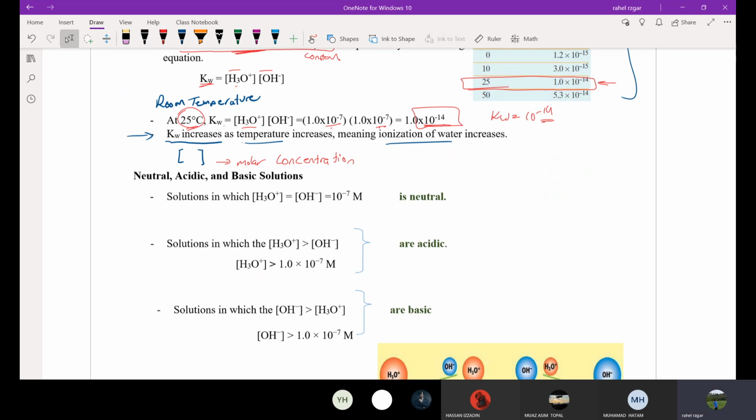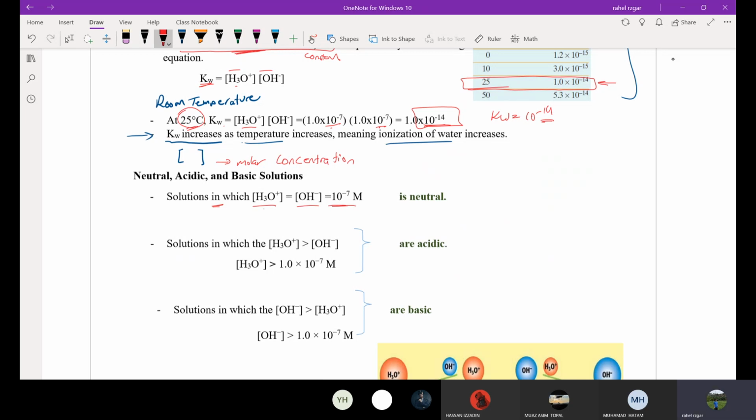Now, let's look at, depending on the concentration of H3O and OH, whether the solution is neutral, acidic, or basic. First, in a solution, even if we put more things into the water, for example some acid and some base, both of them, in the final point where the concentrations of H3O and OH are equal, they will each be 10 to the power minus 7.